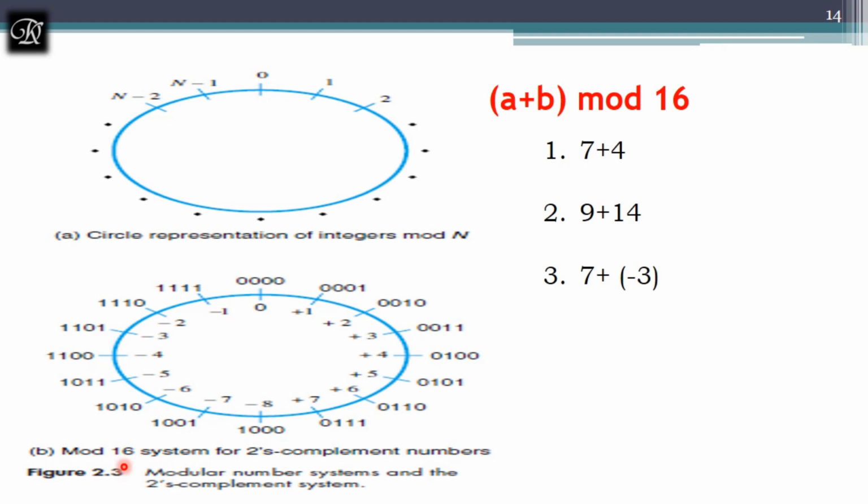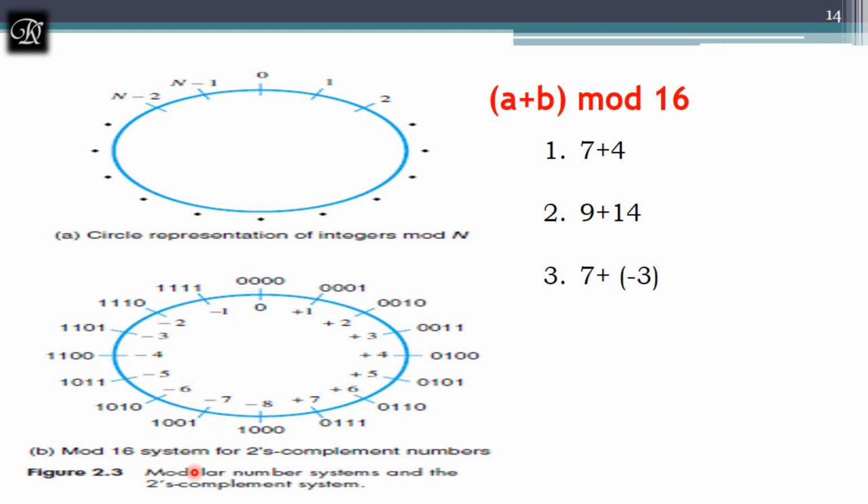Till 16 we are going to count all the things. If I start from 0 to 15, this is 15 in binary. So 0 1 2 3 4 5 6 7 8 9 10 11 12 13 14 15. So how many counts are we having? 0 to 15 means we are having 16 counts.